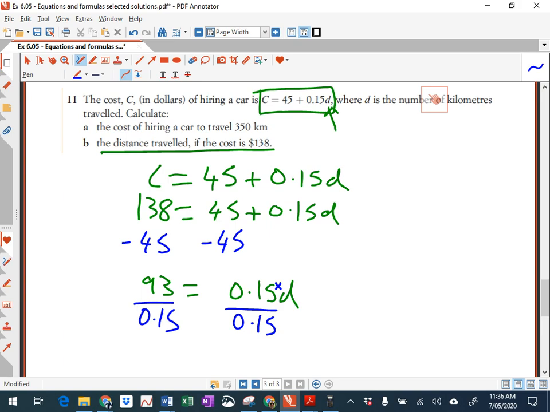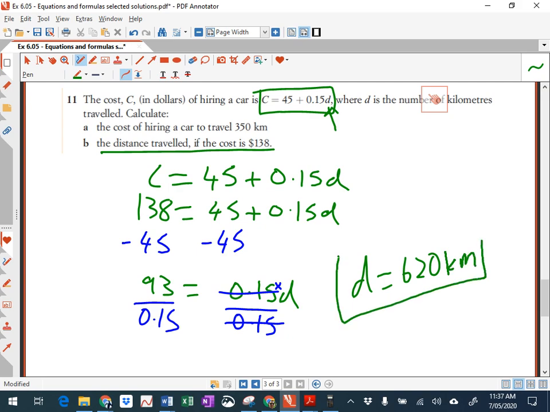The opposite of times is divide. That cancels with that. And get your calculator out and work out 93 divided by 0.15. You get 620. So your answer is D is equal to 620, and that is kilometres. Okay, that's your answer.